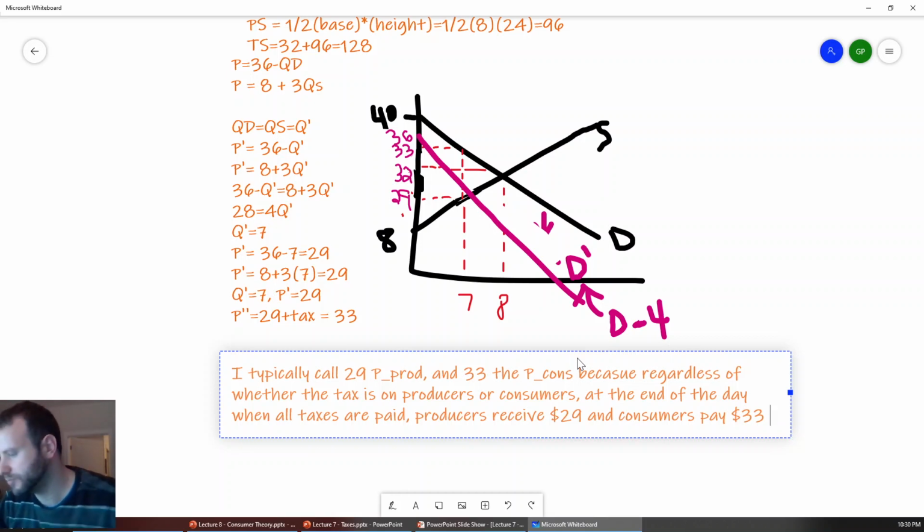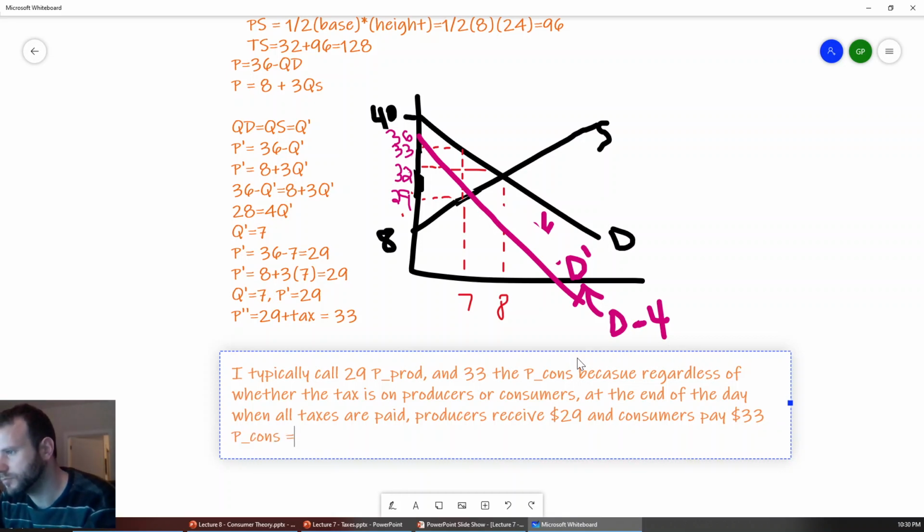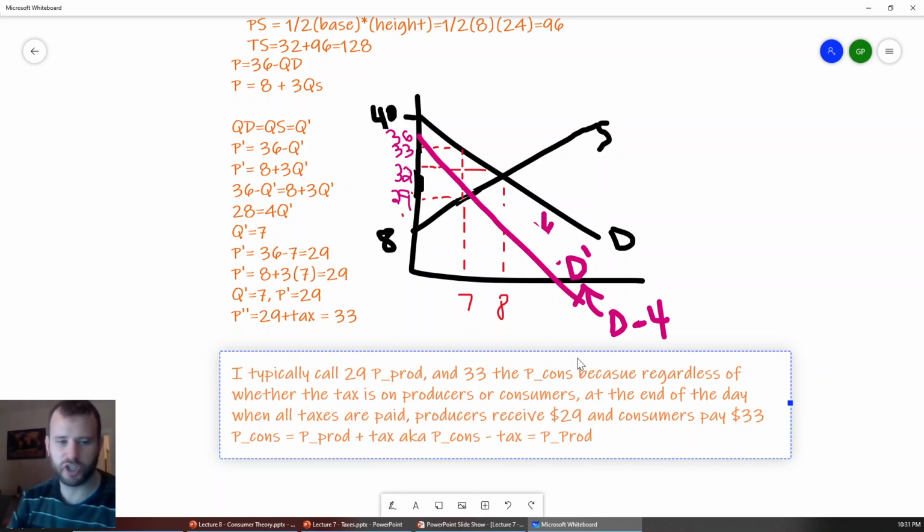Okay. Even if the tax is on producers, or even if the tax is on consumers, because you can just rewrite that as P cons minus tax equals P prod. So that's what you would have in this case. The consumers are basically subtracting the tax from their willingness to pay, essentially.